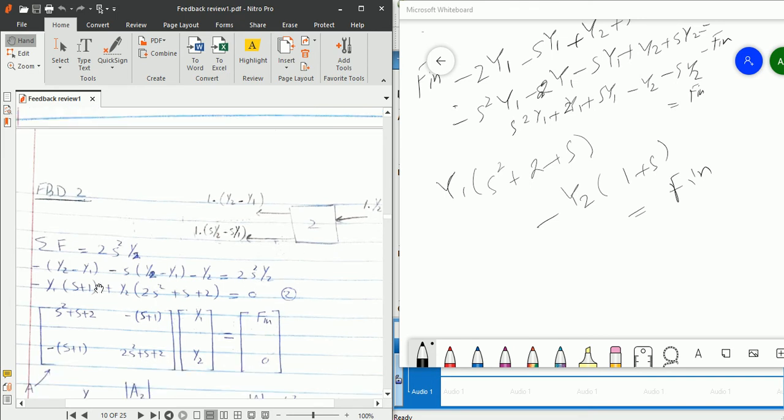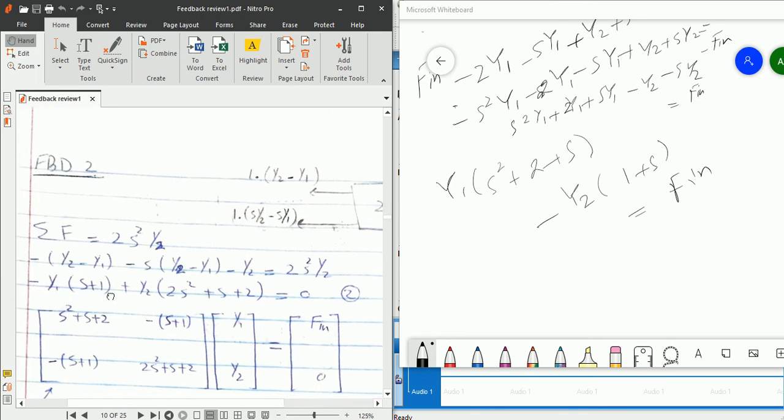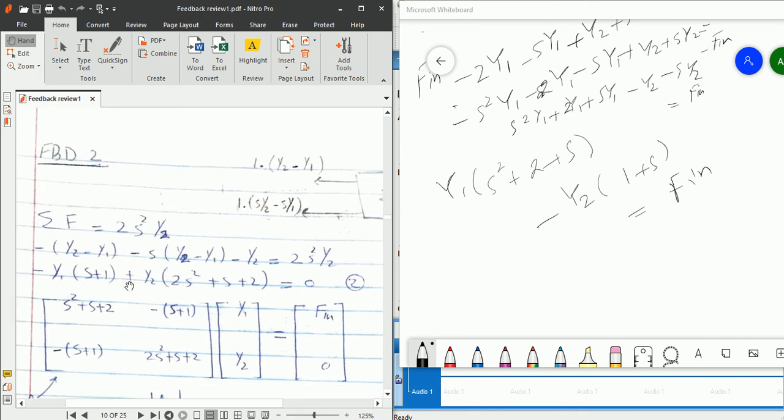So solve it and you will get an expression like this. Should I solve it, or is it okay? Okay, so you have minus y1 into s plus 1 plus y2 into 2s square plus s plus 2 is equal to 0. Now apply the Cramer rule.